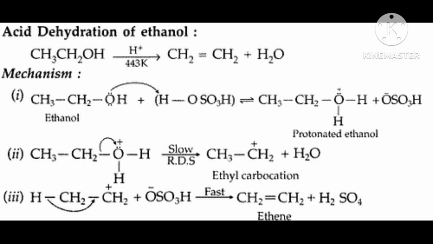Due to these 3 methyl groups, it can lose the OH very easily. Okay, it is becoming easy. All three methyl groups will release electrons. So dehydration will take place in tertiary faster than secondary, and secondary alcohol will lose water faster than primary.